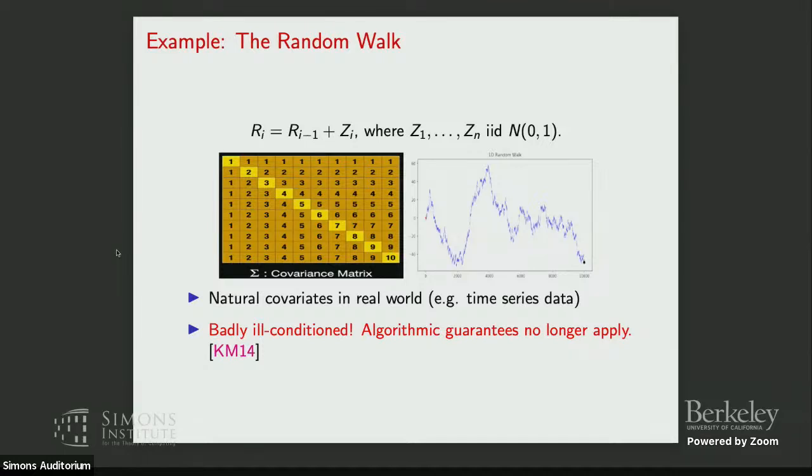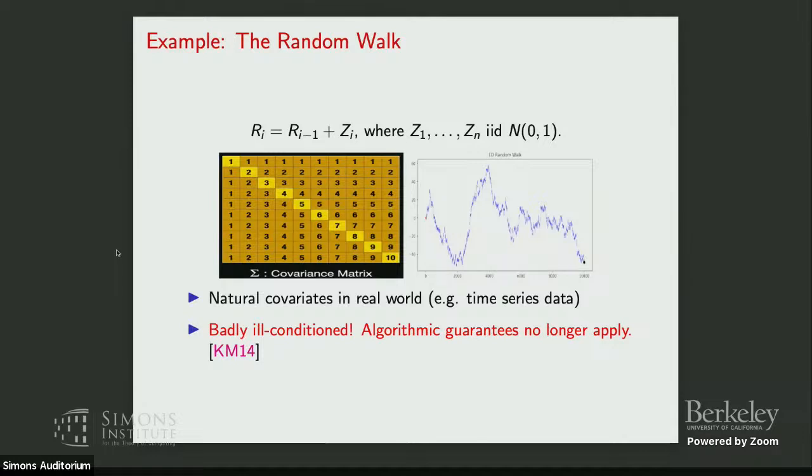The covariance matrix of this is very simple and nice, with a nice pattern. But if you focus on the diagonal, you can see that the ratio of the entries of the matrix increases with the dimension. So this covariance matrix is actually very badly conditioned. It is ill-conditioned. The condition number depends on the dimension n.